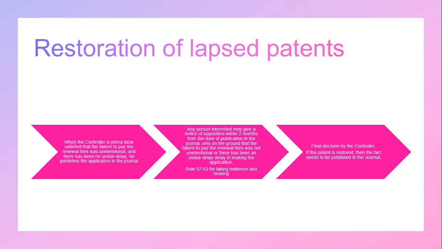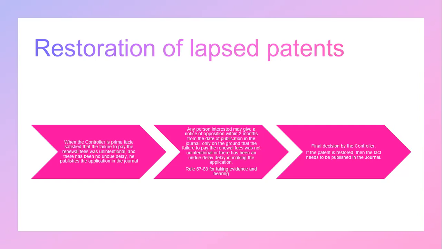And he has only one ground of opposition, that is, the failure to pay renewal fees was not unintentional. Then evidence and hearing will be done and the controller will give the final decision. If the final decision is in favor of the patentee, then in that case, the patent will be restored. I hope I'm clear here.